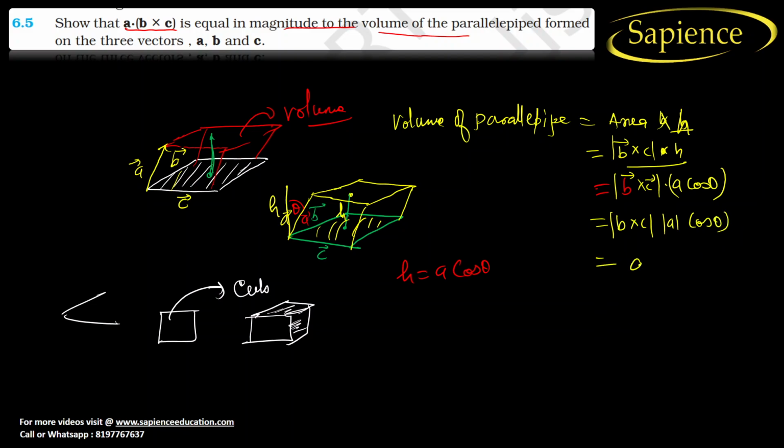So can we write it as the magnitude of A dot B cross C? This we need to prove. Why have I taken magnitude? Because the volume should always be positive. That's why we have to prove this. I hope you have understood now.